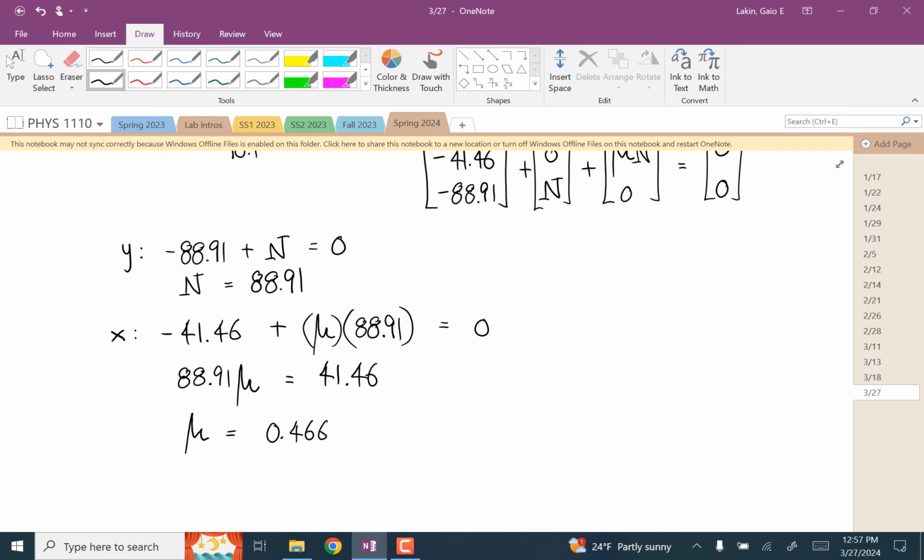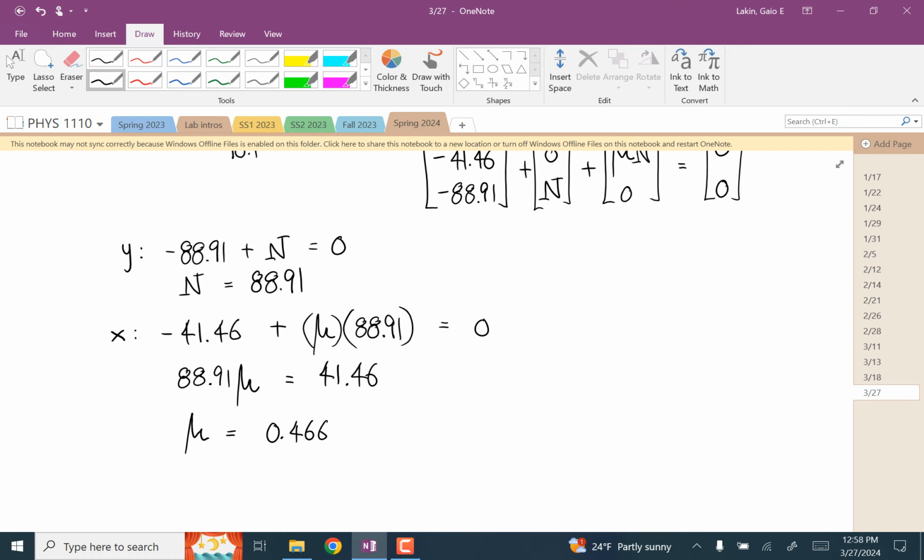What if the mu value was less than 0.466? Let's say the mu value was 0.3. It's not speeding up or slowing down when the velocity is constant, when the acceleration is 0. If this mu value was 0.3, would it be speeding up or slowing down? Speeding up, that's right.